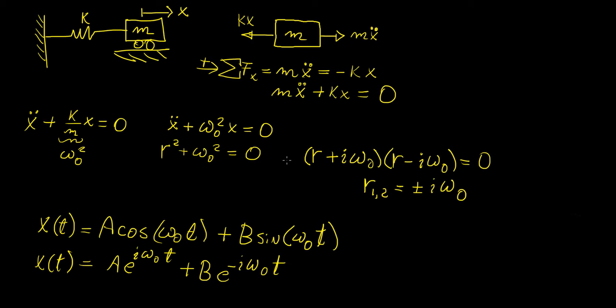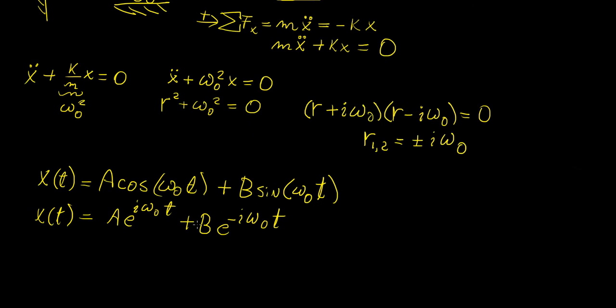Now the next step is, of course, we will need some sort of initial condition. So we would need to know what's the initial displacement of this body in order to solve for the constants a and b. In this case, we don't really need that because we already know what the solution is going to be. But we could say something like, let's say that at time equals 0, we have some constant displacement x naught.